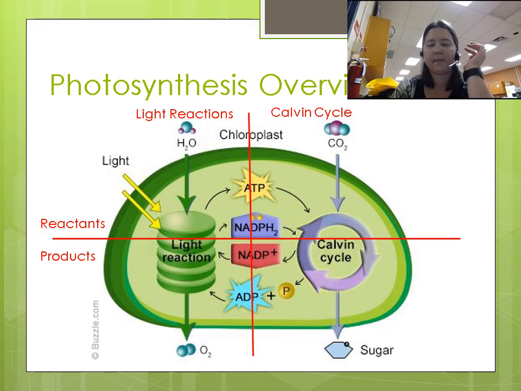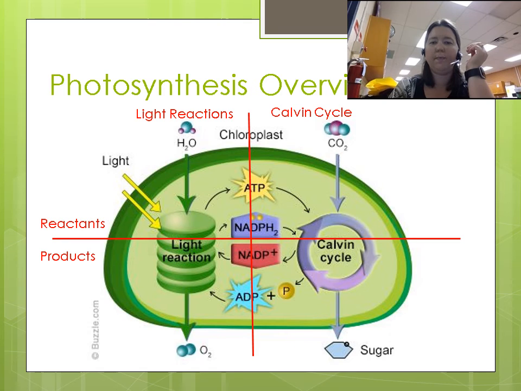Then light reactions spit out our oxygen, and that is released. And then the Calvin cycle spits out our glucose to be used for energy, and then NADP plus and ADP and P go back into the light reactions to basically be re-energized.